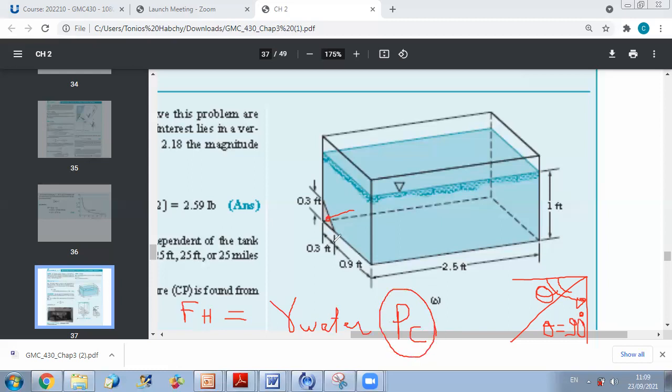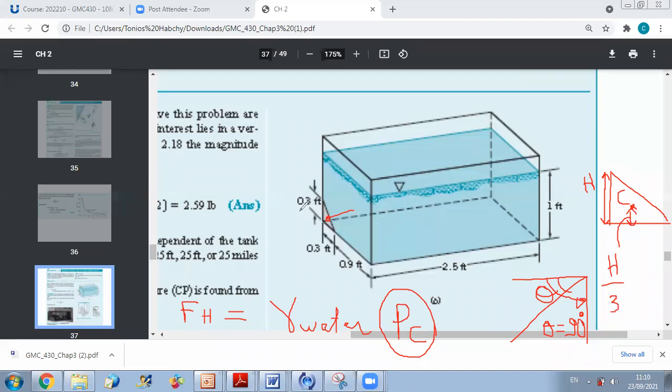You know that for a triangle, the centroid point C is located at h over 3. If this is height h, then the centroid is located at h over 3 from the base.